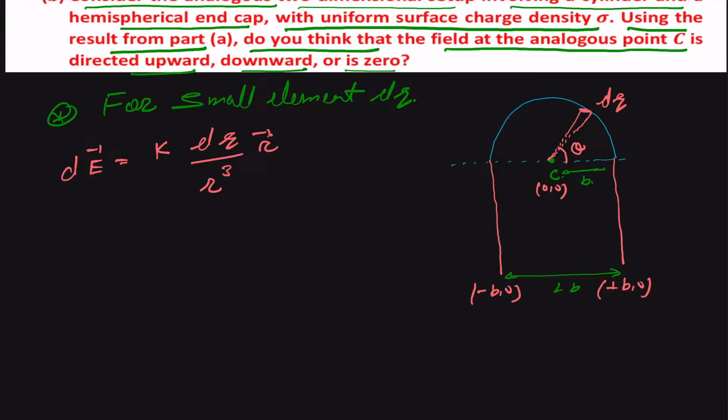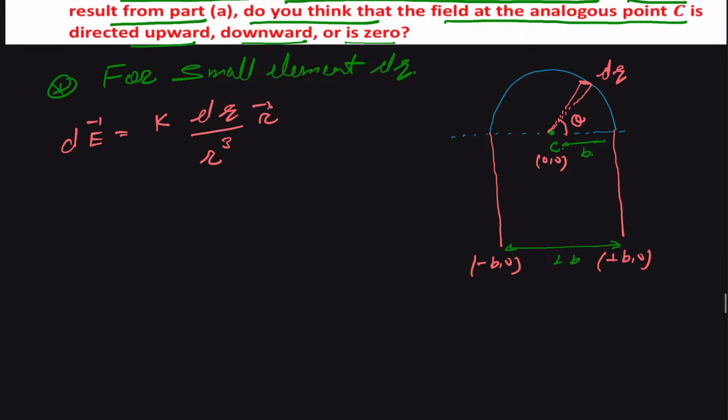And then according to the question, we can formulate this equation again, but for the time being we are going to consider this part only. Okay. And therefore we can say that for the semicircular arc, because electric field at C will be the contribution of two parts. Okay, one will be because of the semicircular arc and the other will be because of these two parallel lines.